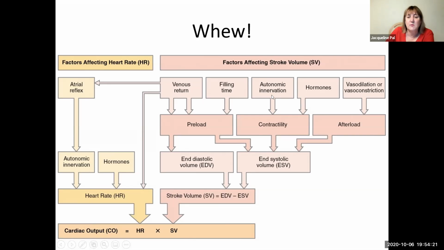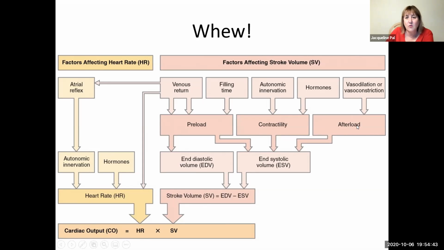Autonomic innervation, sympathetic effect can increase our contractility, or the lack of sympathetic effect can decrease our contractility. As well, there are hormones that can increase contractility. And lastly, the presence of vasodilation or vasoconstriction definitely affects afterload.